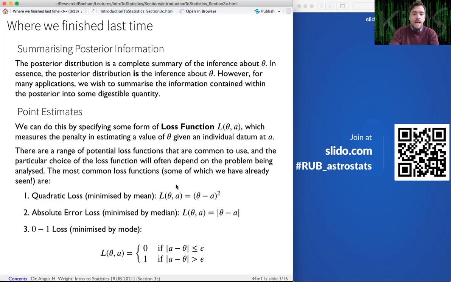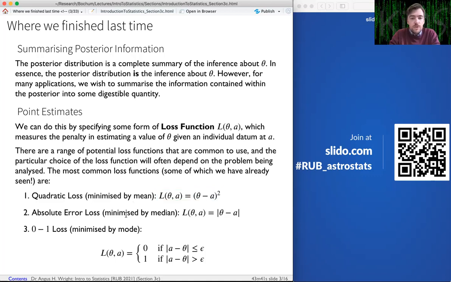And we spoke about how you can define a whole range of different point estimates. So you can describe your posterior by the posterior mean, which is saying that I want to take the point that minimizes quadratic loss between my point estimate A and my true parameter theta.